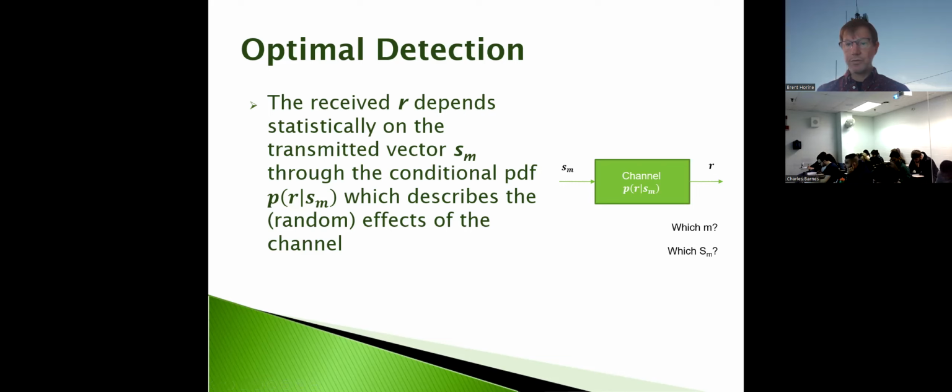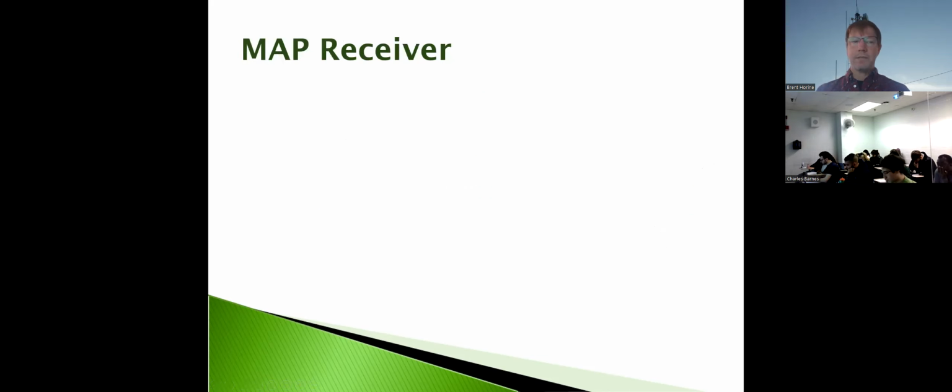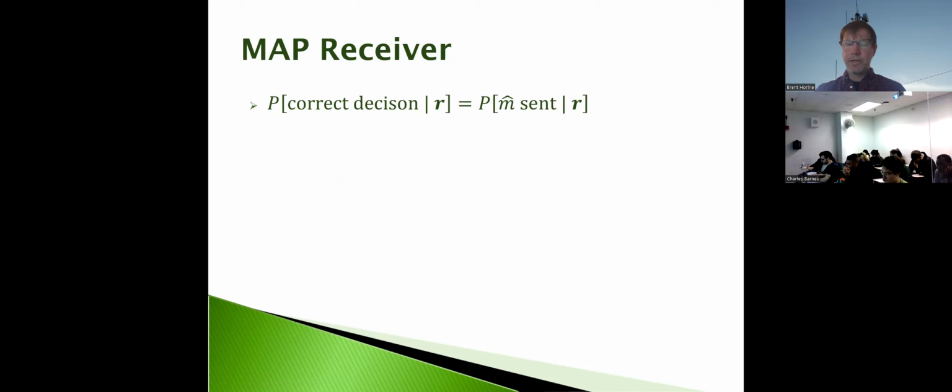So really, we're getting the R, an impaired or perturbed version of S. What we really want is M. We know that there's a relationship between S sub M and M. So this MAP receiver is the first one we'll look at, and we'll explain what MAP means in a moment.